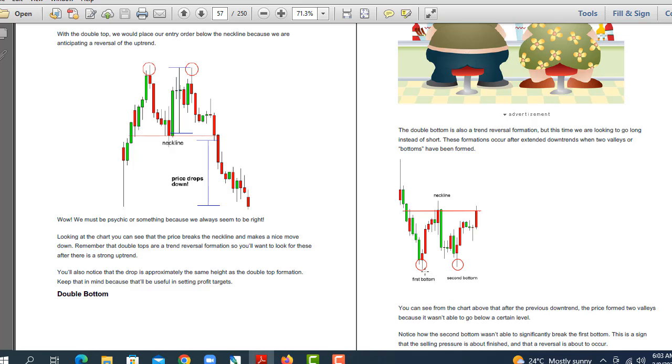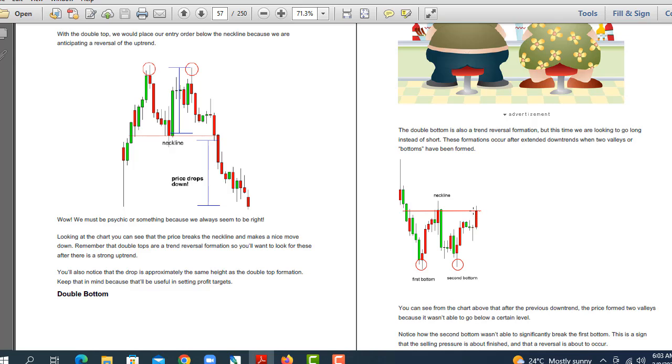All right, and then we have this neckline here. After making this bottom here, okay, it tried to go back up to meet this neckline and still came down again to make a second bottom.